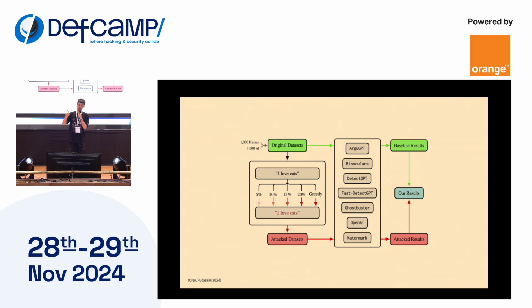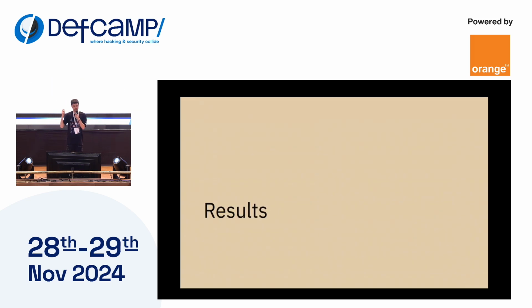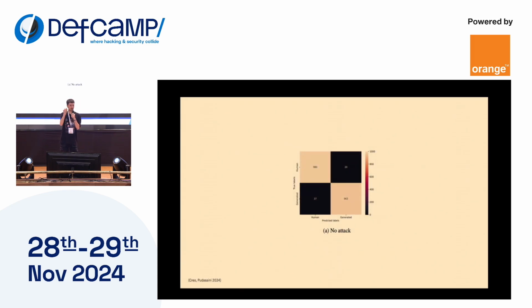So 1,000 are human, 1,000 are AI, and I replaced with different replacement levels and tested this on a lot of detectors, and then just looked at what are the percentages of evasion, right? You have the data in the paper if you want to look at this later, but I'm going to give you the results bit by bit.